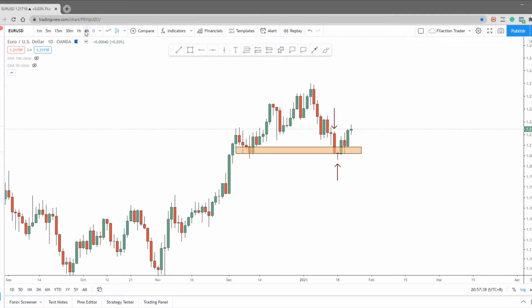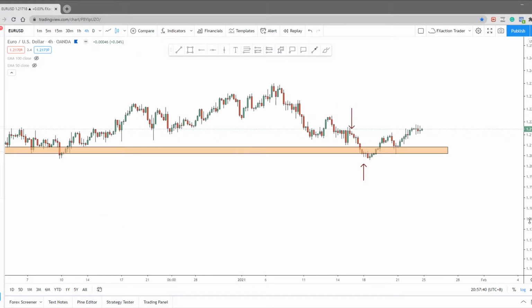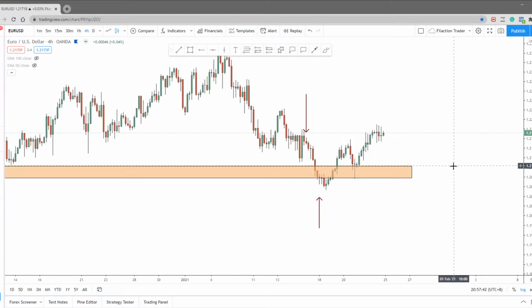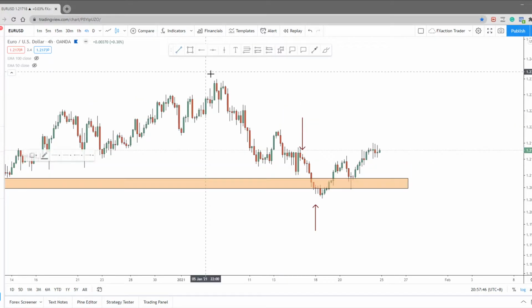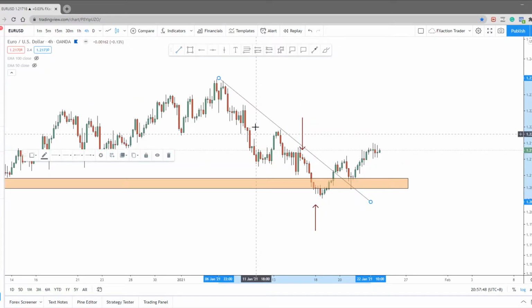So if we look on the H4, we can see that market has actually broken this downtrend trend line.